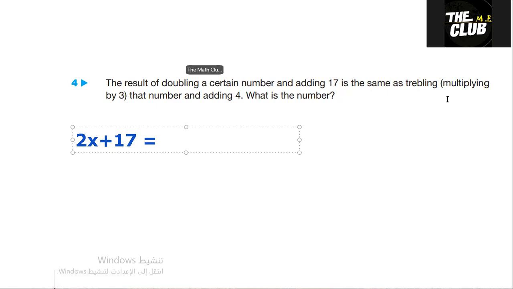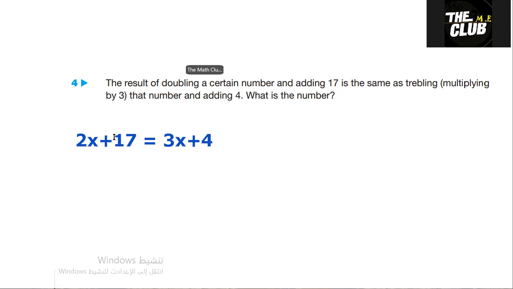Tripling means times 3, multiplying by 3. That number is the same as 3x, tripling that number and adding 4. And then they will tell you what is the number. You've got the result of doubling and adding 17 is the same as tripling and adding 4.